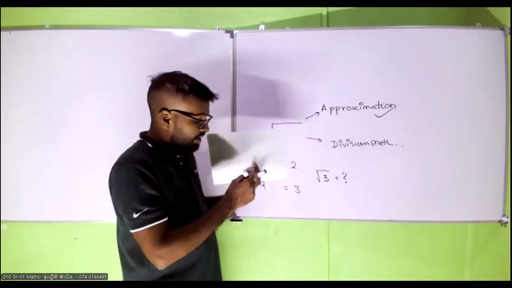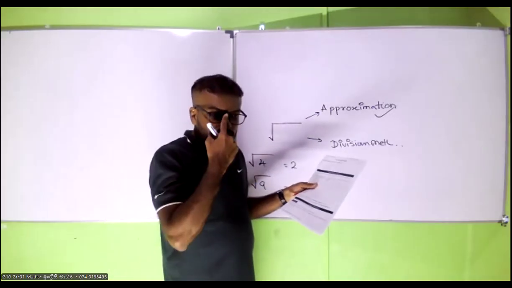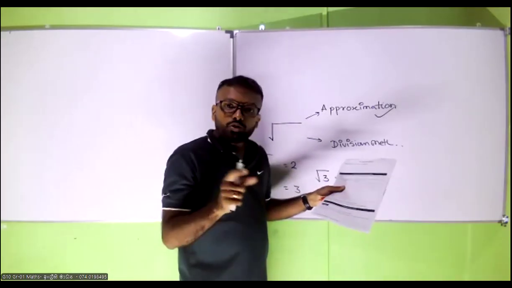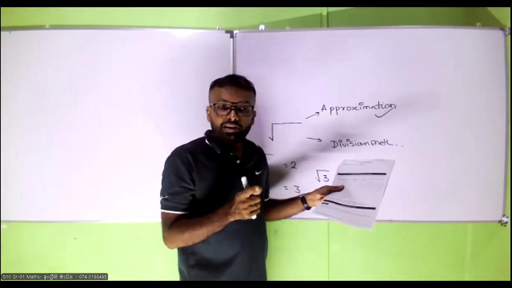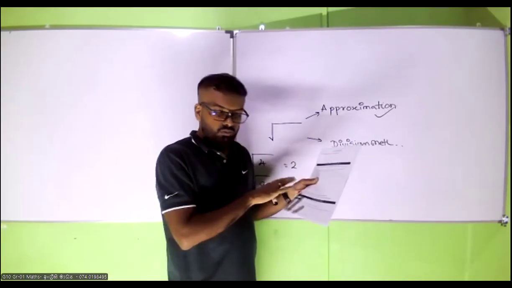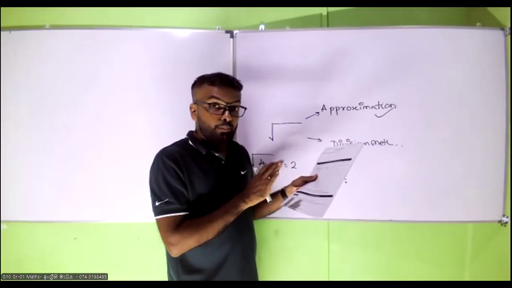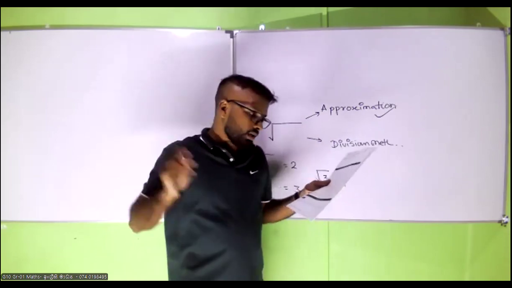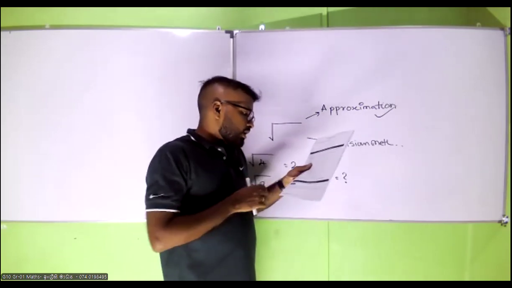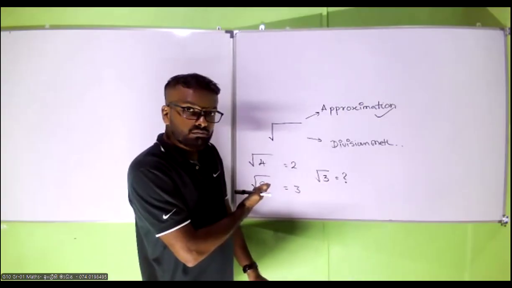I have given it under the table. The students who do not have the printout of the tute, actually this part is not needed much. I will write the approximation method on the board. Now, can you find the square root of the number 3 at once?